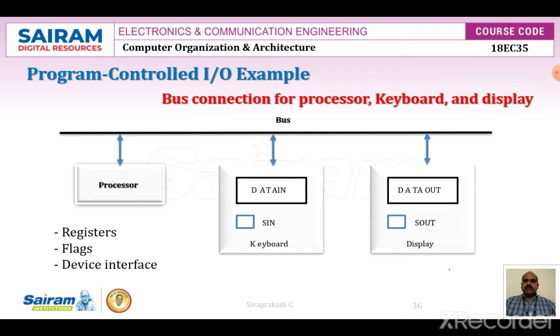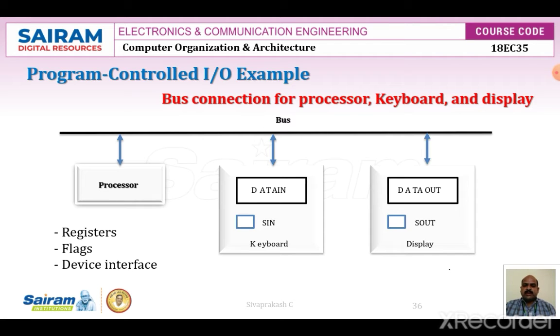For example, how does it operate for this transfer? The keyboard needs a buffer register called data in, and a status control flag SIN. The display has data out as a buffer register, and a status control flag SOUT. When a key is pressed, the corresponding ASCII code is stored in the data in register associated with the keyboard.